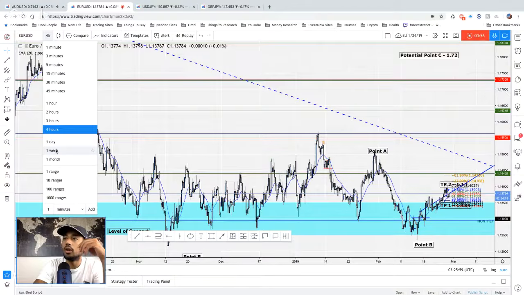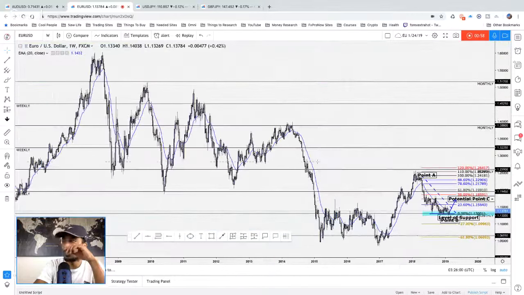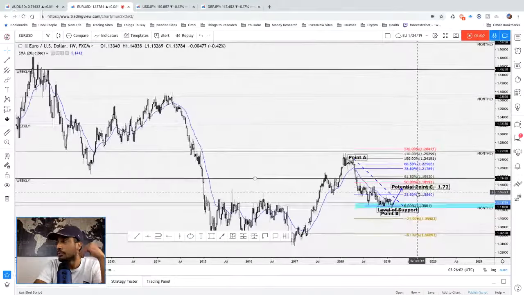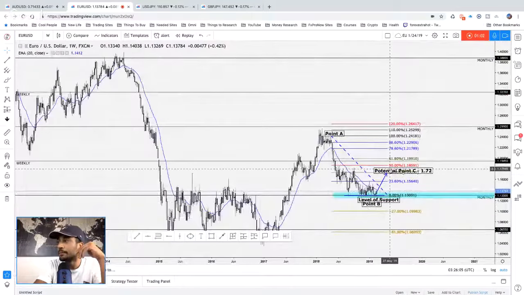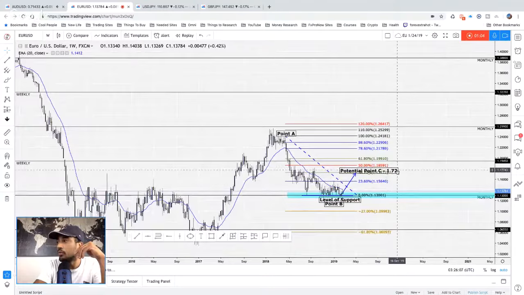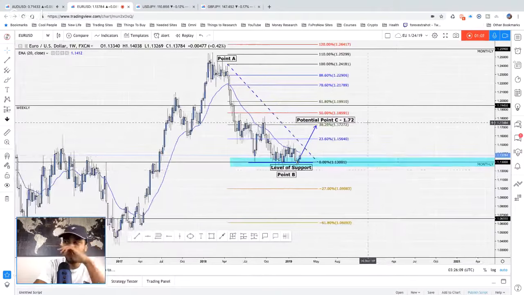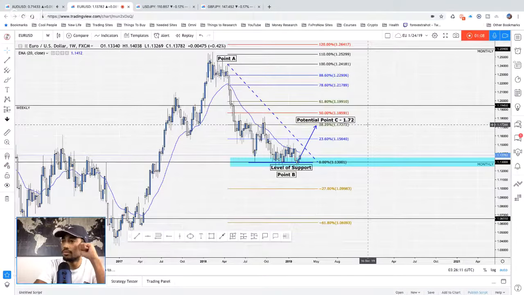Let's look at the weekly time frame so we can really break this down. I'm looking for this to continue to the upside, and I'm looking for price to get to at least 1.72 on EURUSD.